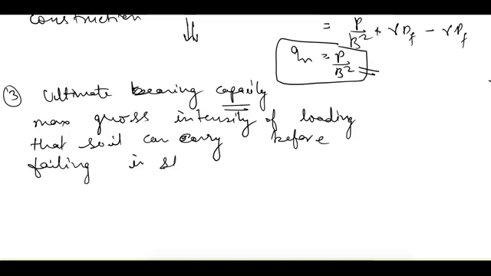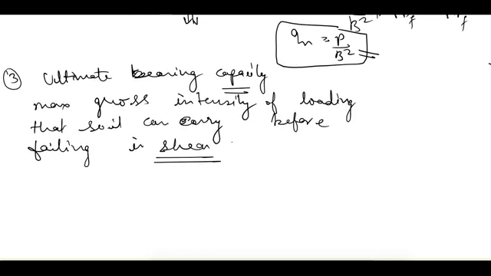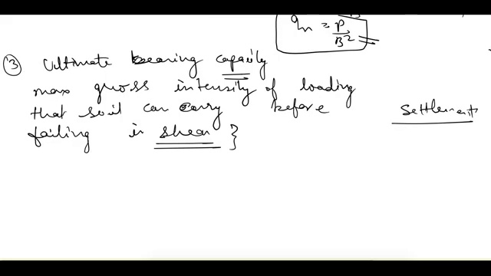It is also important that we are putting this for shear. It denotes the shear criteria, that is ultimate bearing capacity, because the other criterion is the settlement criterion, and for that there is a different definition. So these bearing capacities are for shear.